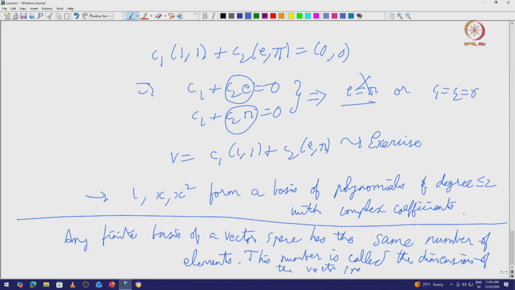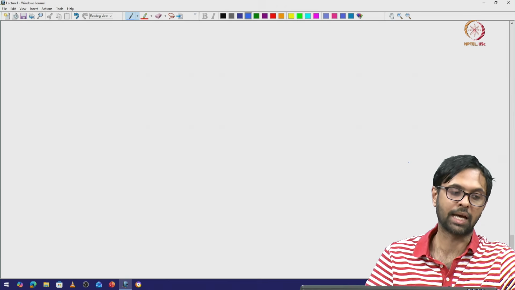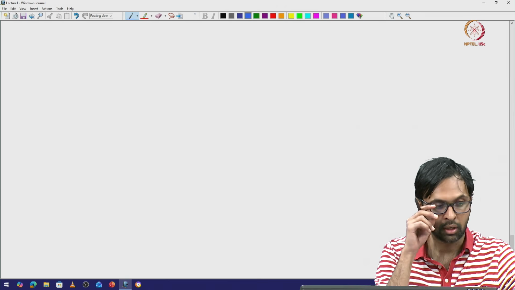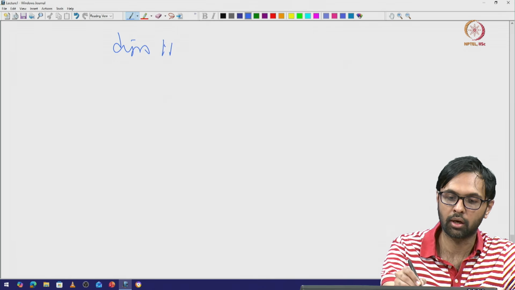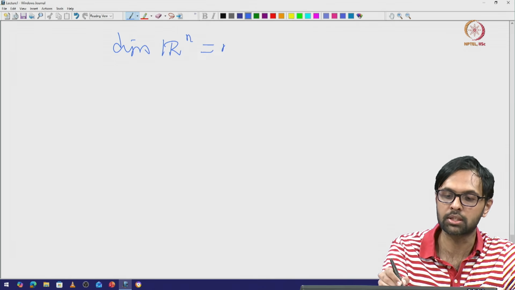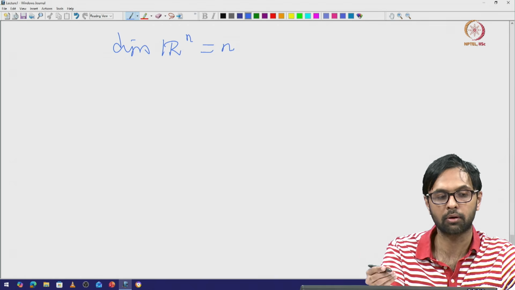This is not obvious, this needs a proof, but of course we won't prove it. It's a standard result in linear algebra. So for example, the dimension of Rn is n because we have exhibited a basis that has n elements and every basis has the same number of elements.